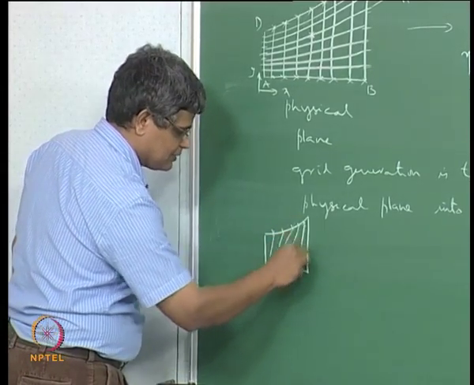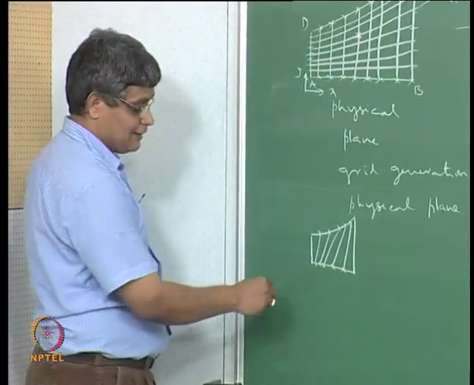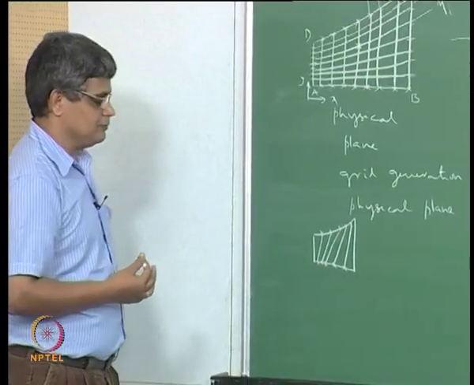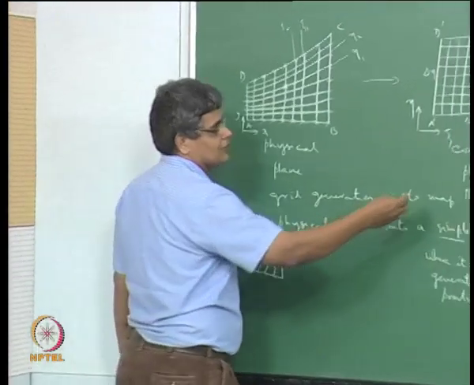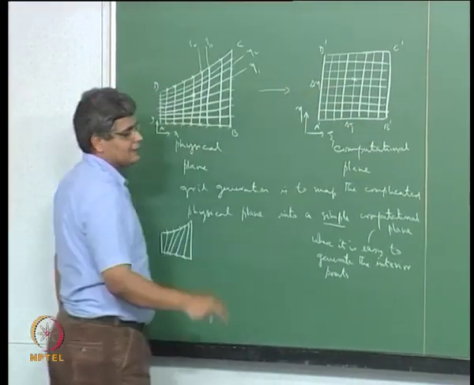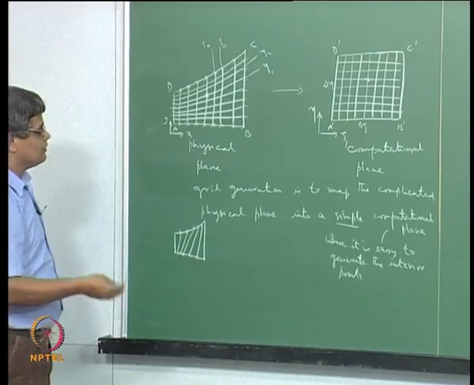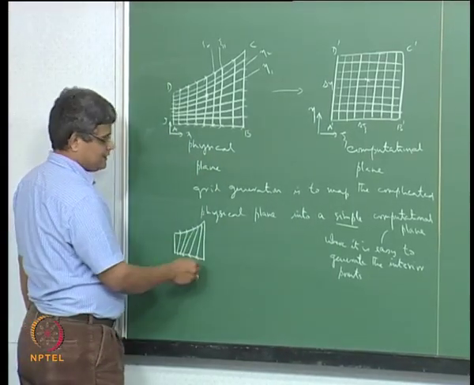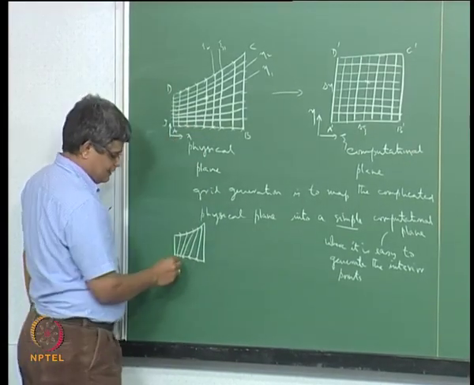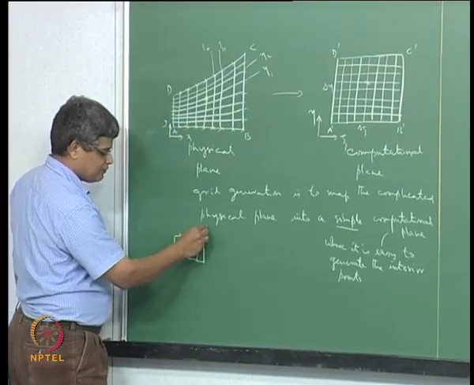although this is not something that one would recommend. The specification of the problem is not only in terms of the number of points that we want on the computational plane in the two directions, but also where we want to put these points on each side, and they can be put like this or they can be put like this.